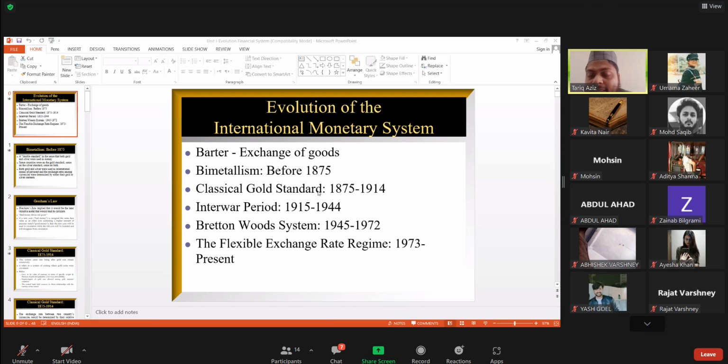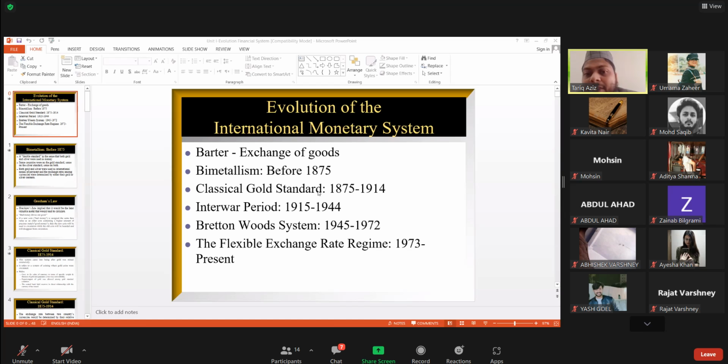The main thing is how much gold reserve is with their central bank or government. Because if, for example, the British pound has to be exchanged with the Deutschmark, the currency of Germany, and pound sterling is the currency of Britain, what exchange rate should apply? So this was a disputed thing.